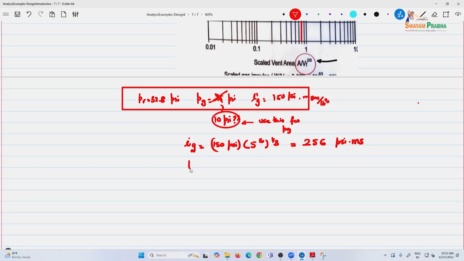So from here I can get Tg is 2 times Ig divided by Pg. So 2 times, again please help me with this, by 10 comes to 51 milliseconds.